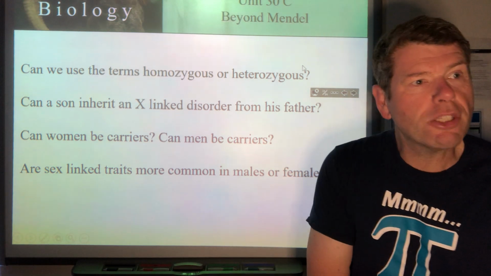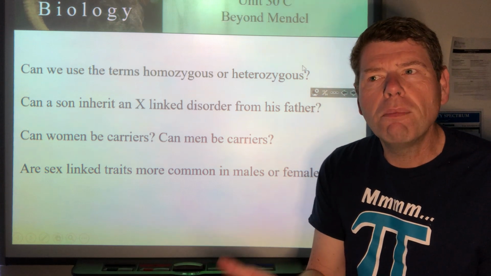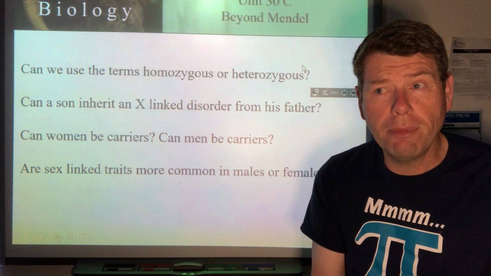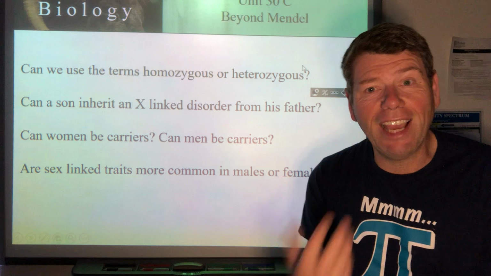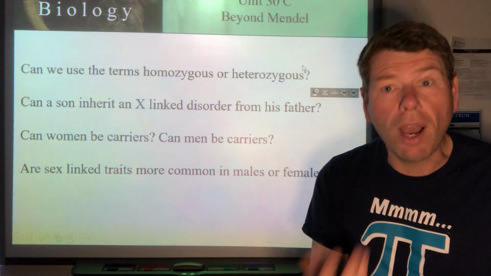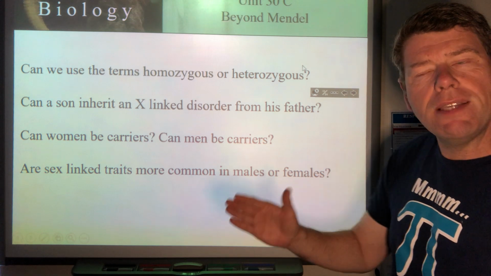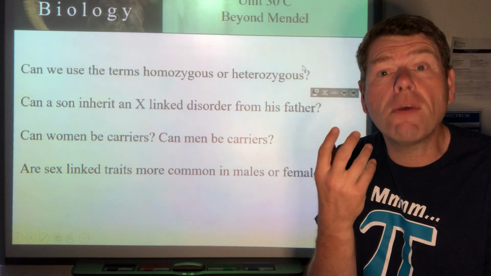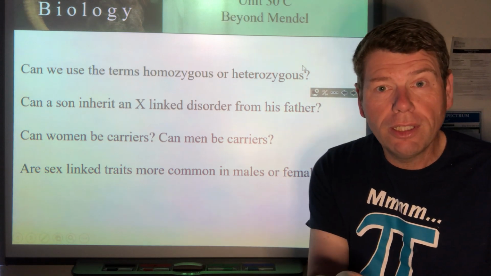Now, usually when I ask my class this question, most students are going to say, well, females are more affected because they have 2 X's, so therefore they've got a better chance of getting an X-linked disorder. Well, ironically, it's the males, because women with their 2 X's have a better chance of having a good dominant allele, right?